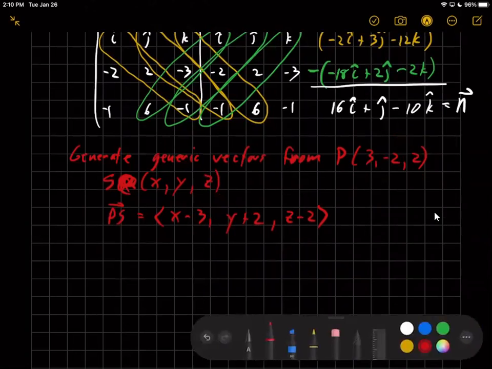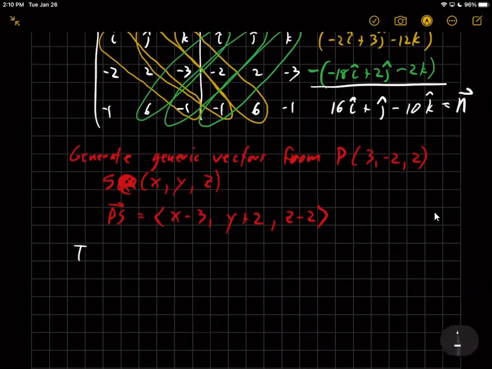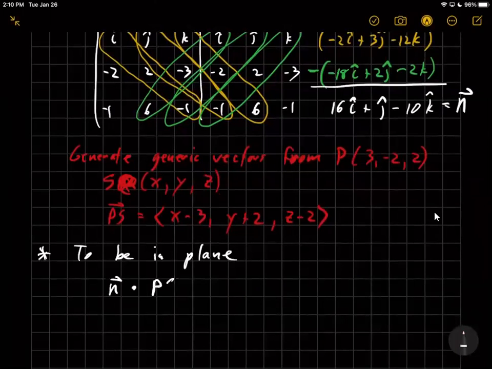Now we only want to consider the points that are in the plane. So this is the key condition. To be in the plane, N dot PS must be 0. We want to eliminate all x, y, z values that don't make this true.